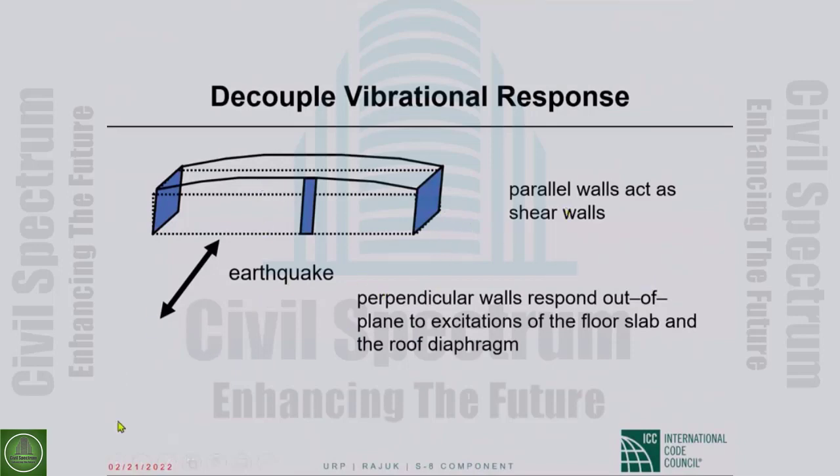So this is the direction of earthquake. Parallel walls act as shear walls. The perpendicular walls are bending out of plane. Perpendicular walls respond out of plane to excitations of the floor slab and the roof diaphragm. So the wall is vibrating out of plane, and the diaphragm is doing its own thing in its own plane.